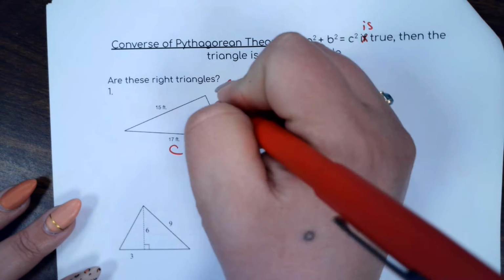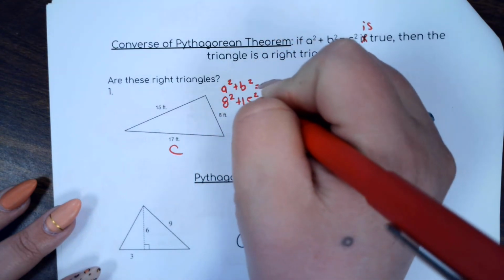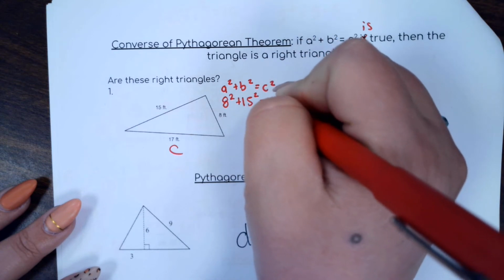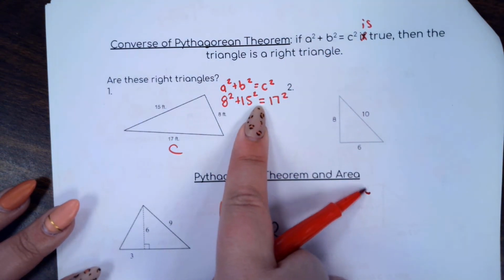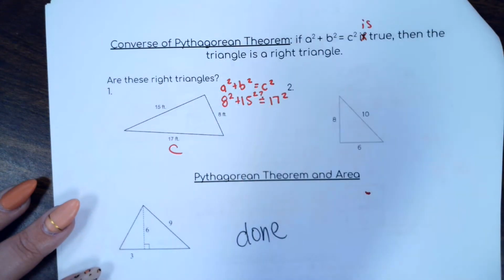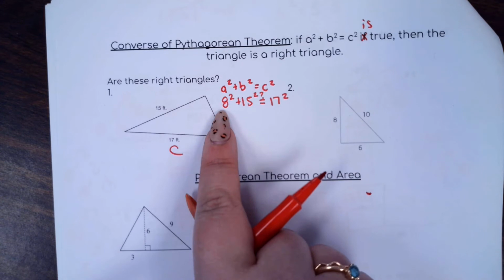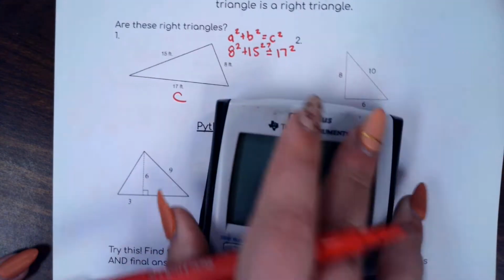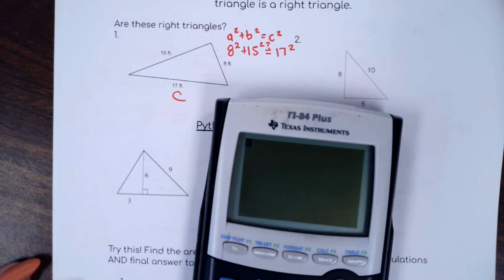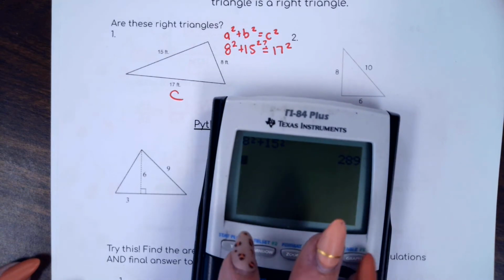So that is my possible hypotenuse. So let's plug in our values. 8 squared plus 15 squared. Now, we don't know if this is equal yet, so we can't really use an equal sign. So what I'm going to do is put a little question mark over top. So that's like saying, does 8 squared plus 15 squared equal 17 squared? Well, let's find out. 8 squared plus 15 squared gives us 289.